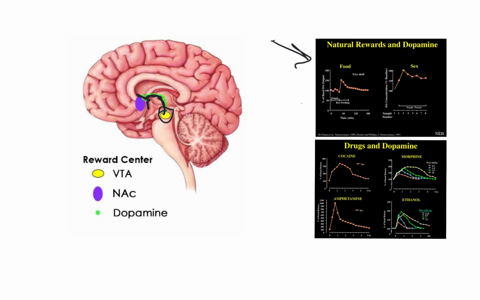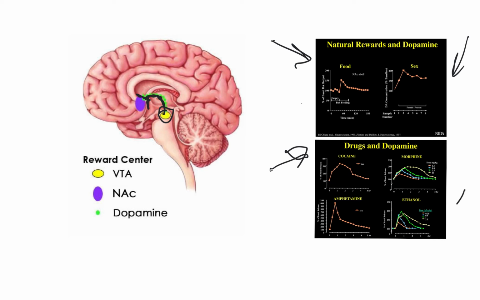The interesting thing about drugs of abuse is that when we look at how much dopamine is released in this pathway relative to natural reinforcers like food or sex, it's a lot higher than we would see with natural reinforcers. So dopamine is released at a higher rate in these areas with things like cocaine, morphine, amphetamine.